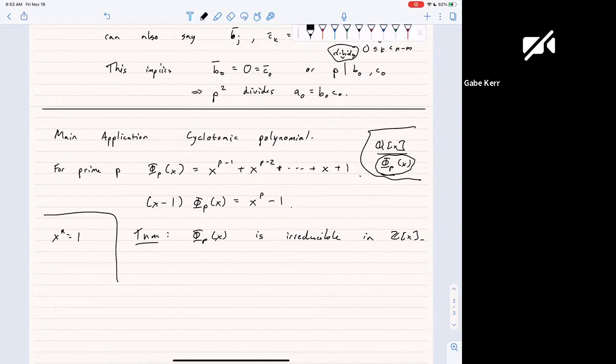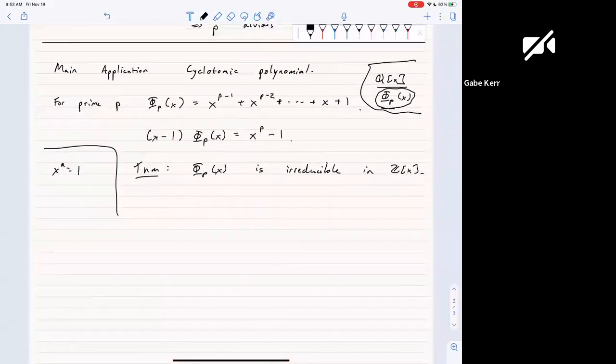But then you remember way back in the day when I was going on and on in a review, I started drawing Pascal's triangle a ridiculous number of times. Take x equal to y plus 1. Consider the cyclotomic polynomial now as a function of y. Basically just shifting your line over. And what are you going to get?